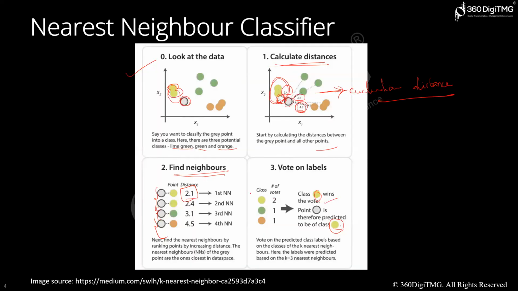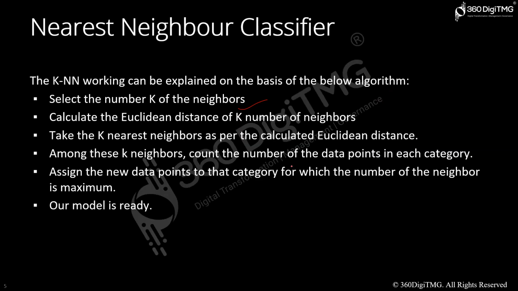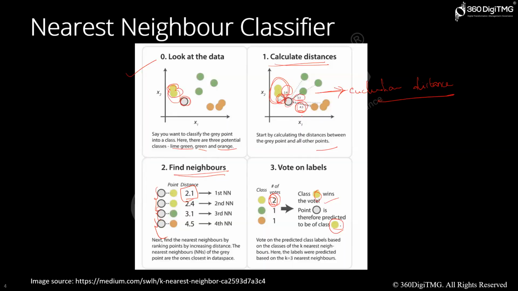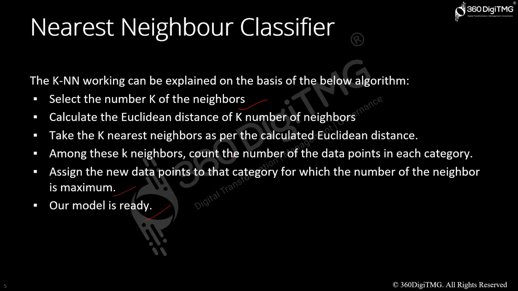Here you saw lime green has 2 points, which is the maximum. So first you count the data points in each category, then assign the new data point to that category, and we put the gray point into the lime green neighbors. Then the model is ready.